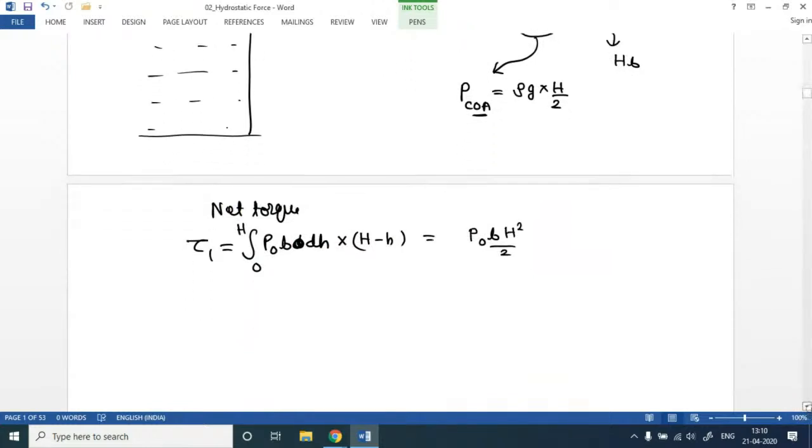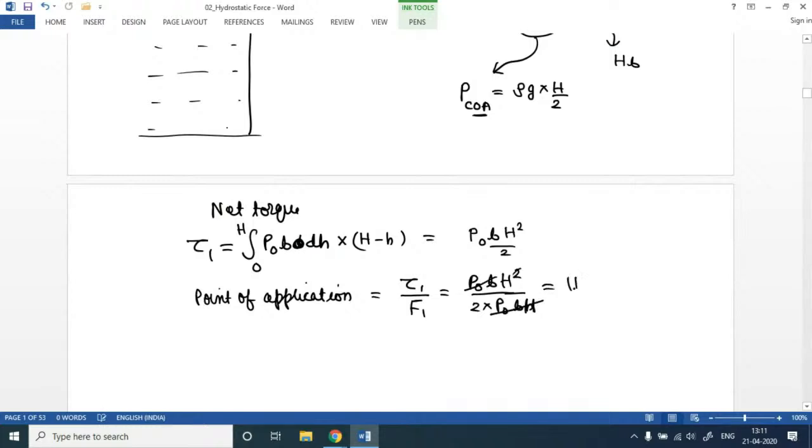So the point of application of this force will effectively be tau 1 by F1 over here. Tau 1 is P naught B H square by 2, divided by F1, which we have already looked at, that is P naught into B into H. So this term and this term will get cancelled, and what we effectively get is H by 2.